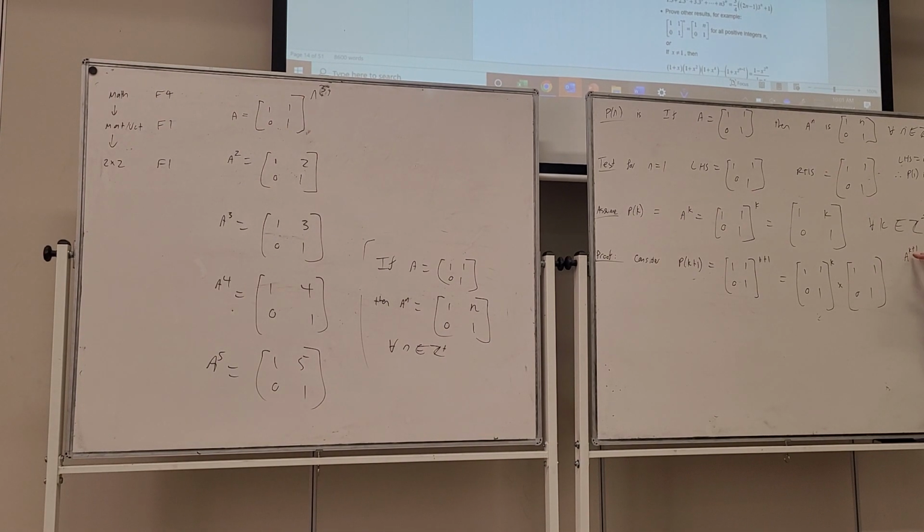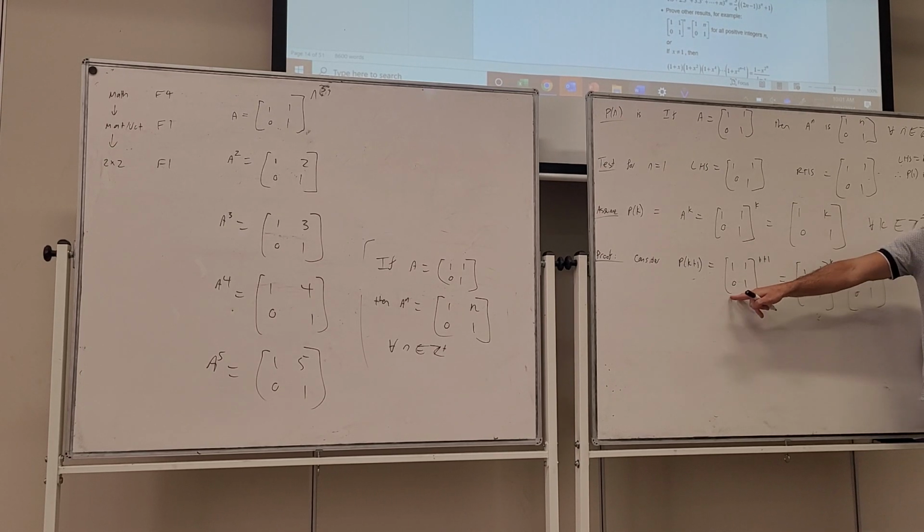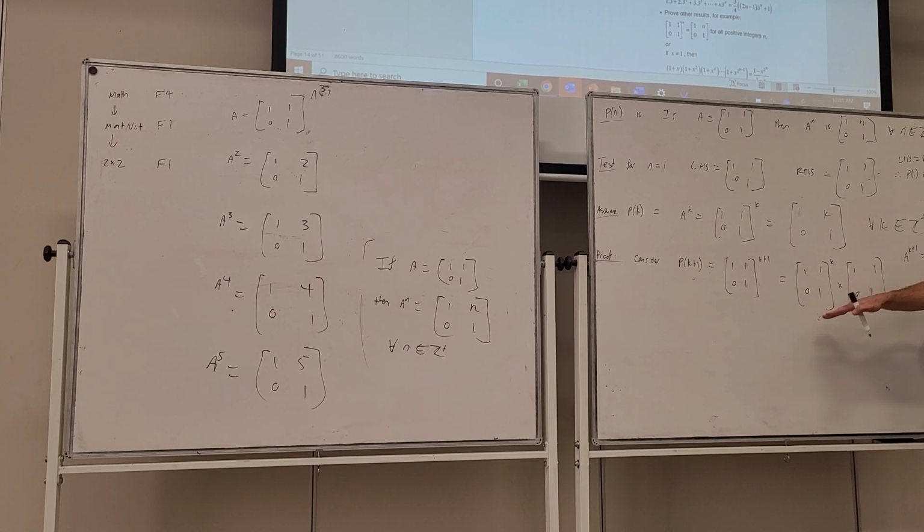Here we've got it collected, then we're splitting it up using those index forms that have the same base. So we've got the matrix to the k plus 1 is the matrix to the k times the matrix to the 1. That's all right? Yep. Okay, and so then we will perform the substitution for our assumption.